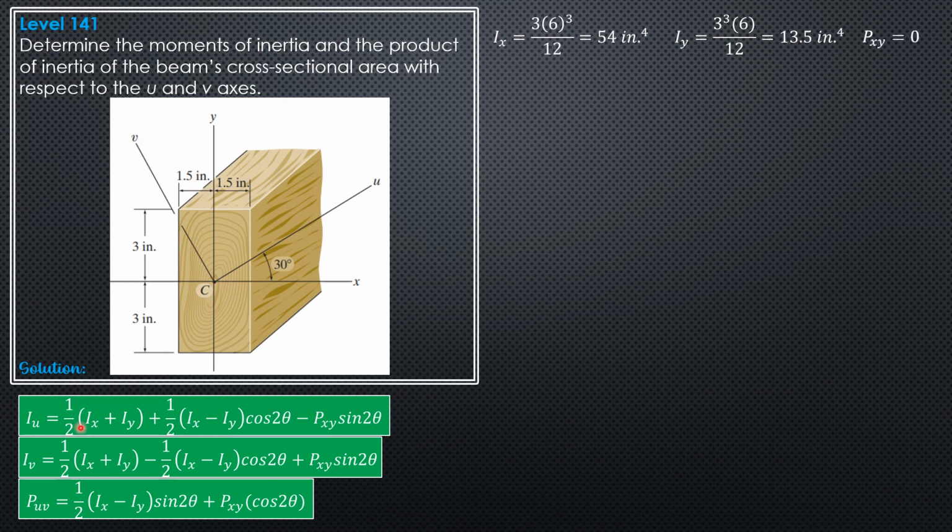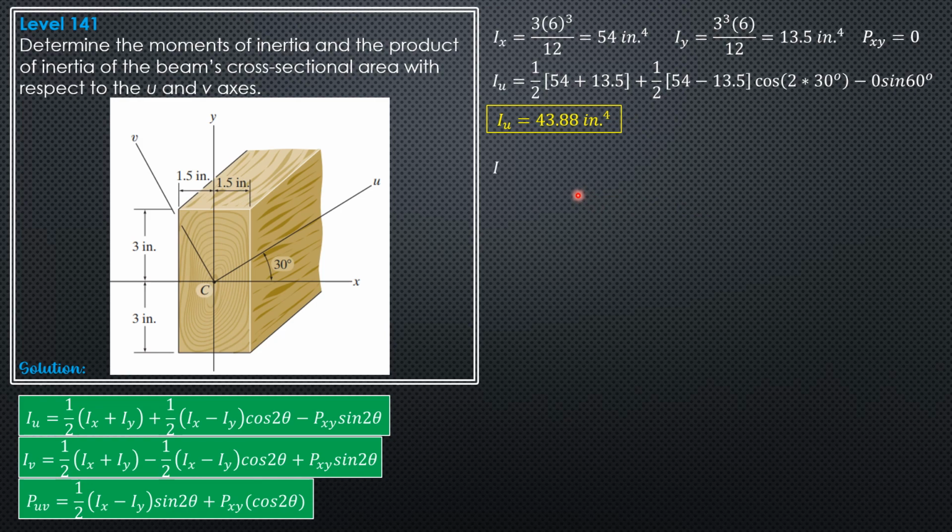Substitute here. So I sub u is 1 half of quantity 54 plus 13.5 plus 1 half of quantity 54 minus 13.5 cosine of 2 times 30, so cosine of 60 degrees, minus 0. So I sub u therefore is equal to 43.88 inches to the fourth.